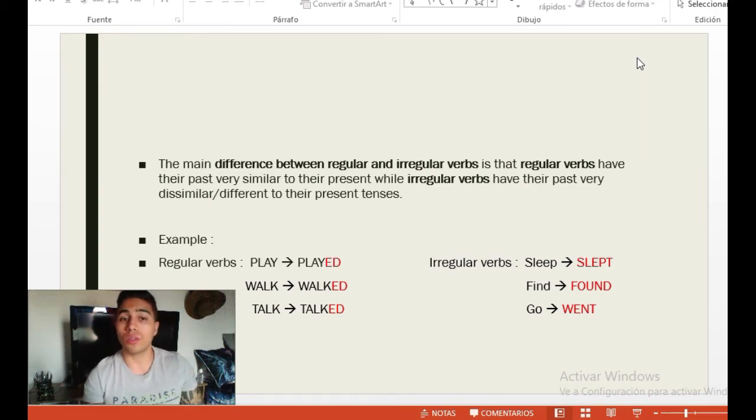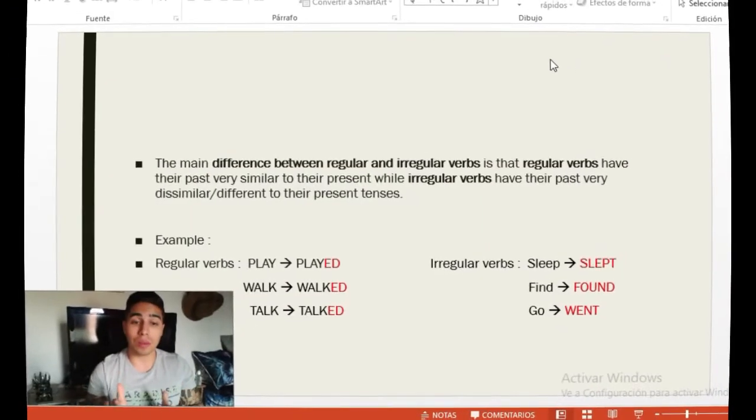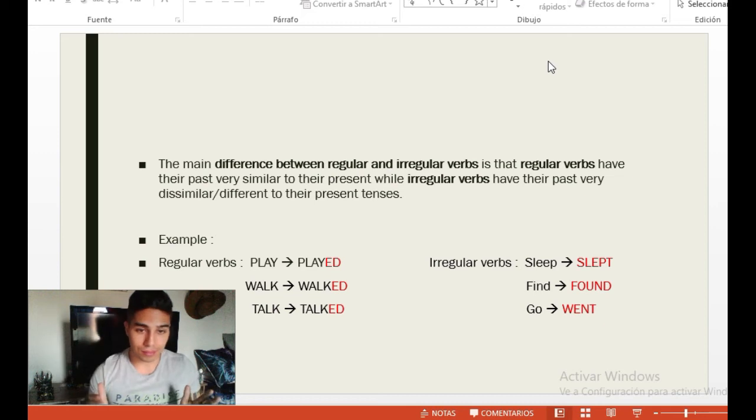Okay, so I'm going to tell you what the difference is. The main difference between regular and irregular verbs is that regular verbs have a very similar past. For example, play. To change the form to past, we just add ed at the end.